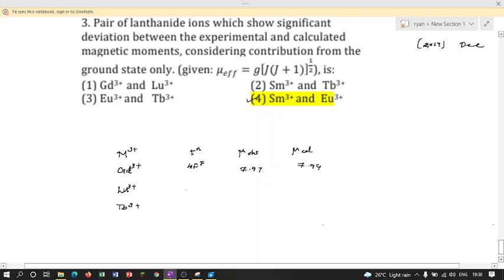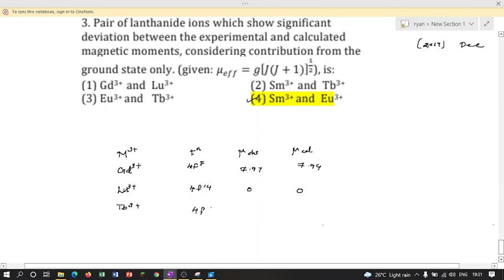Then here the next is Lu3+, 4f14, observed magnetic moment value 0 and calculated value also 0. Then here Tb3+.